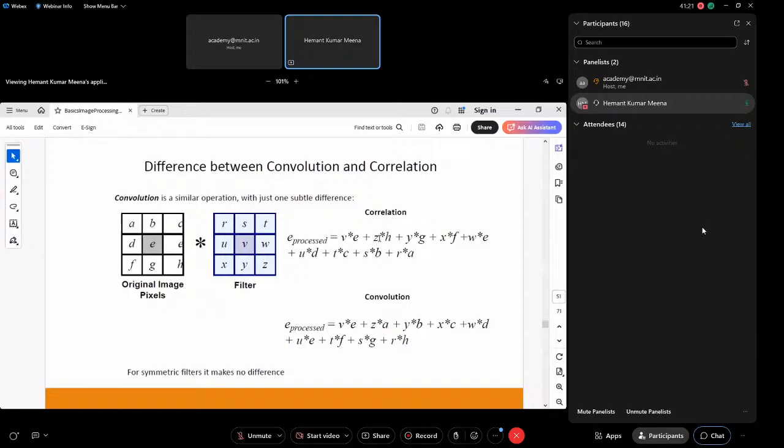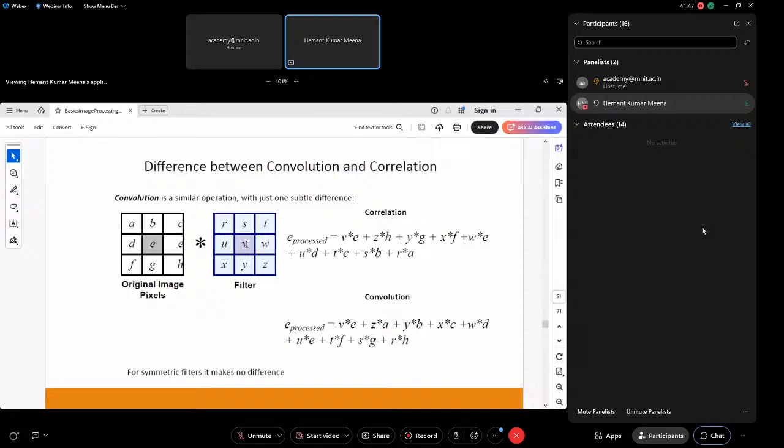This is correlation, where every pixel corresponds to the same position: D to the U, F to the X, H to the Z. But in convolution, it is flipped. How will it be flipped?